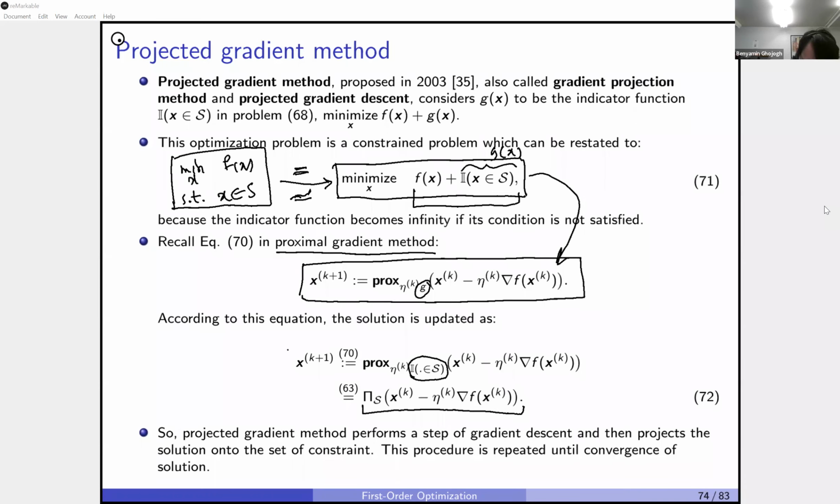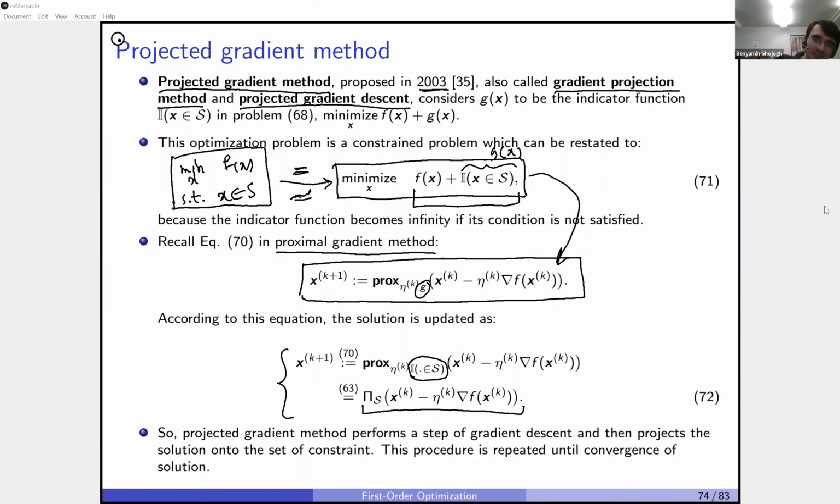This is called the projected gradient method, proposed in 2003, or gradient projection method, or projected gradient descent. These are different names for the same algorithm. Boyd, for example, says don't call it projected gradient descent because it's not descent anymore. Gradient descent is descent. It's better to call it the projected gradient method.